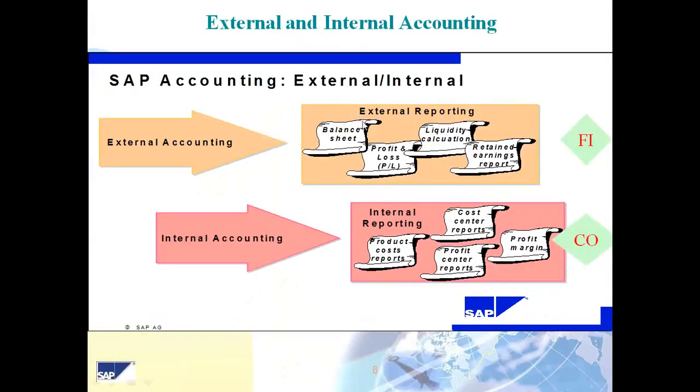It is required for drawing the external reporting, including the financial statements, that is balance sheet, profit and loss statement, liquidity positions, retained earnings reports. That is how much profit for this particular year, how much needs to be carried forward for the next year. These details are all available within external reporting.